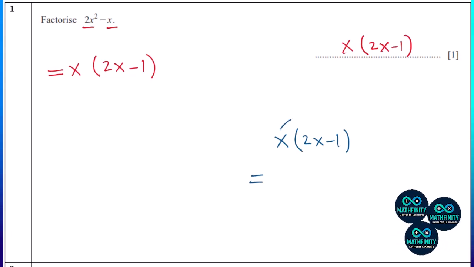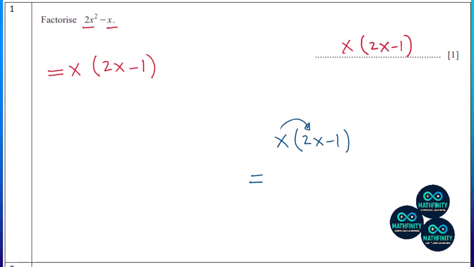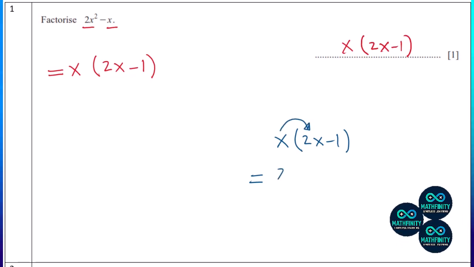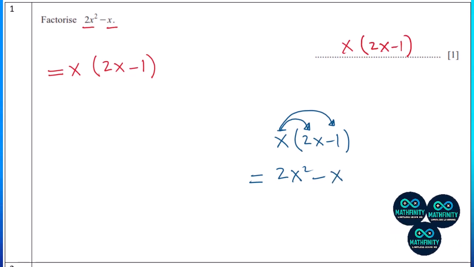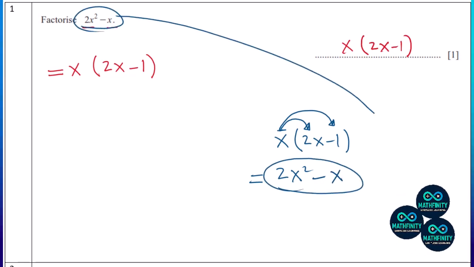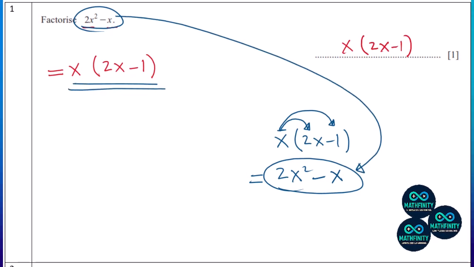Now let us expand the bracket, multiply this x with this term. So x times 2x will be 2x squared. And now multiply x with negative 1, you will get negative x. If this answer and the main question are the same, it means you factorized properly. Hopefully, guys, you understand.